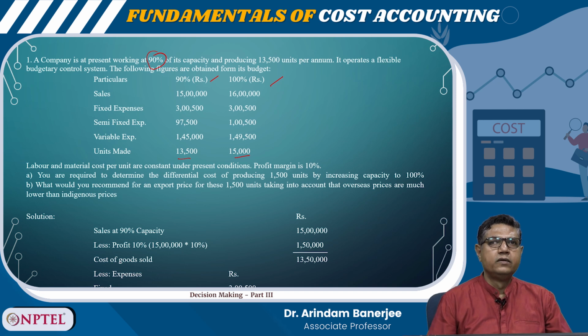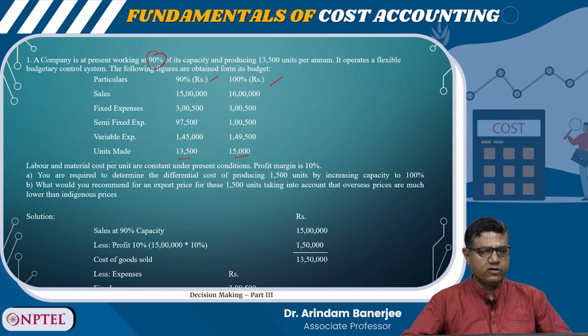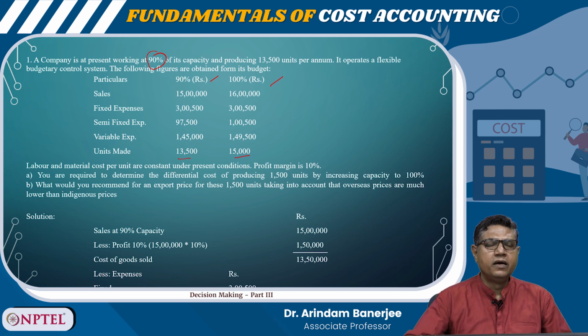So, if it produces an additional 1500 units, the question is what would be the differential cost, and if it is getting exported, then what is the price we could recommend? So, let us see.